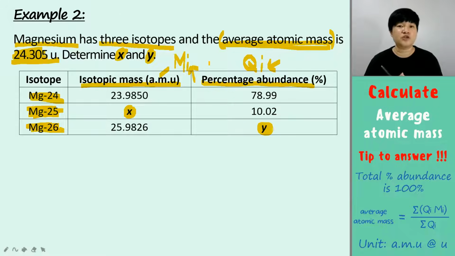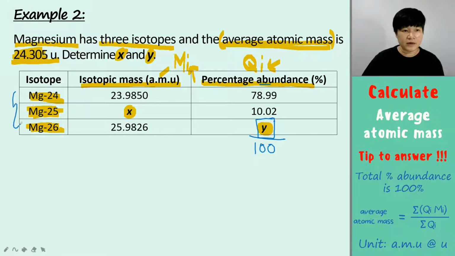So, we will still be using the formula of average atomic mass. And of the X and Y, which one do we calculate first? Obviously, we will be looking for the Y first. The reason is that the percentage abundance must give rise to a total of 100. Because magnesium right now has only 3 isotopes, and the total abundance of the 3 isotopes must equal 100%.